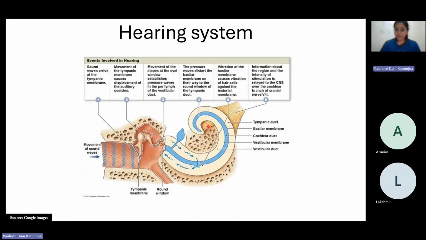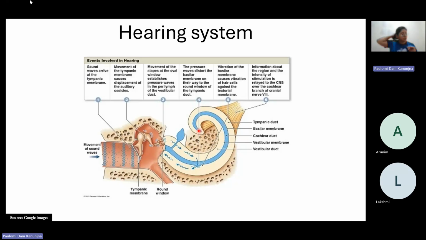The apex is here, like I told, that it moves inside. The one that you encounter at the beginning is the base, and the one that you encounter at the end is the apex. You can remember in terms of movement from outer ear to inner ear: from the outer ear, base will come first, and then you have the apex.